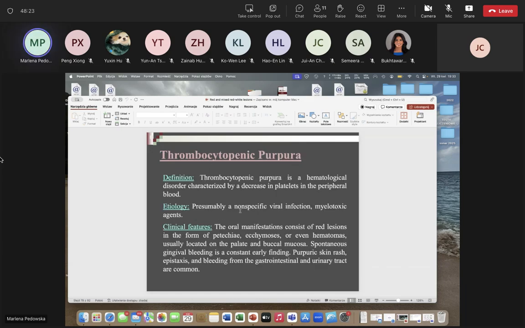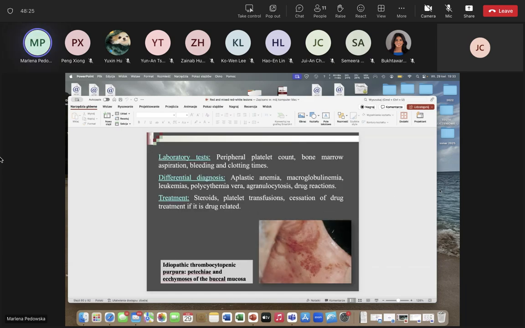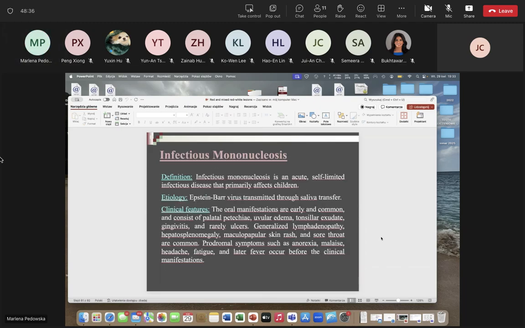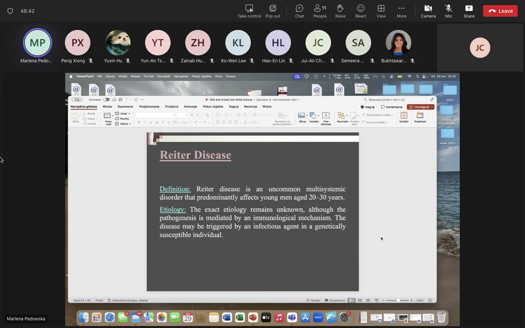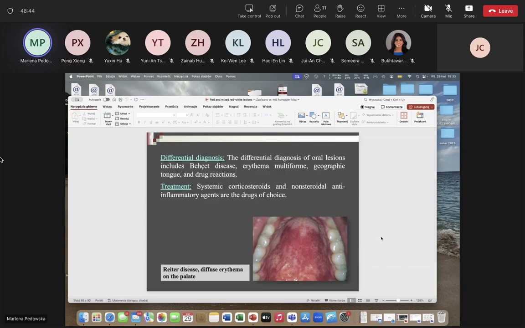And the purpura, we can have different types of purpura related to anemia, and also thrombocytopenia, and different diseases related to the platelets, and also related to some viral infections like mononucleosis, and Reiter's disease, so diffuse erythema on the palate.